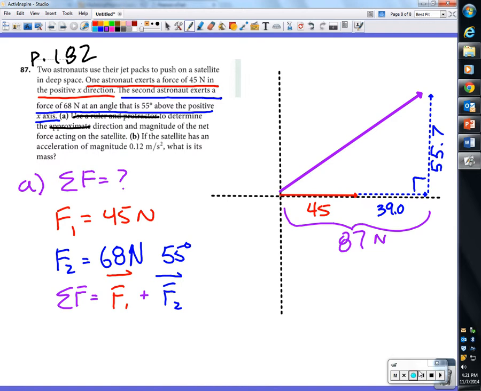Do that now. And that's what I got for the magnitude of that resultant vector.